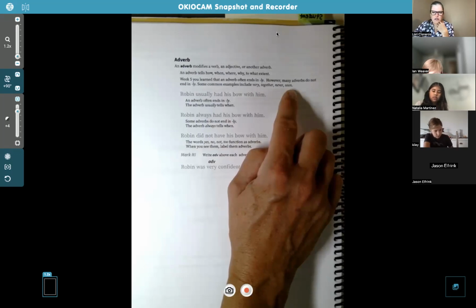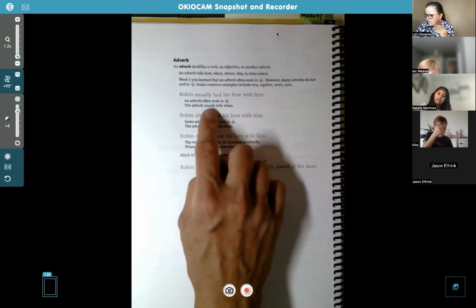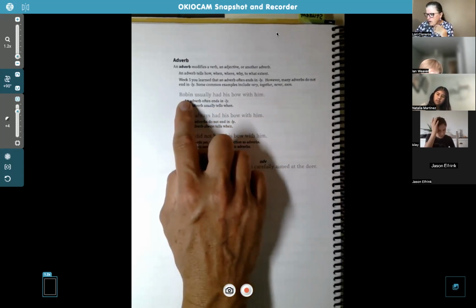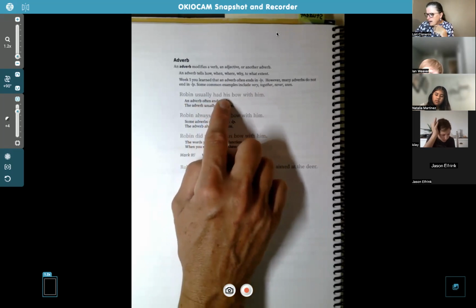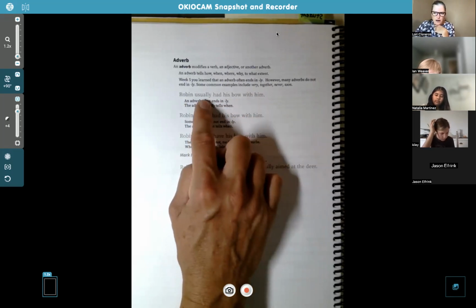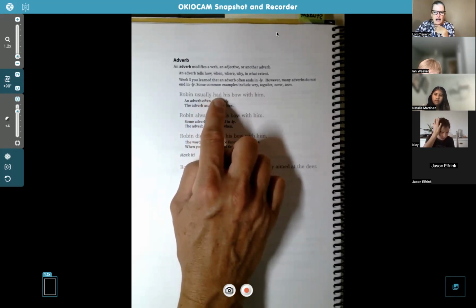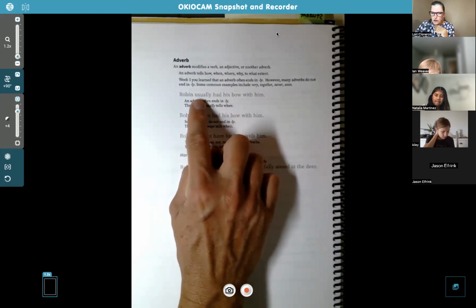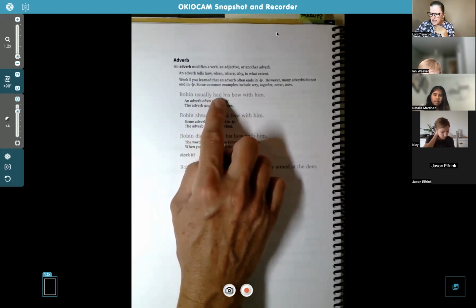Remember, those are the questions you ask. When you see a verb, you can ask those questions. How, when, where, why, and to what extent. Here's your example. Robin usually had his bow with him. This one's easy to identify because it has a ly, and the verb is had, okay? So it's modifying had, usually had.